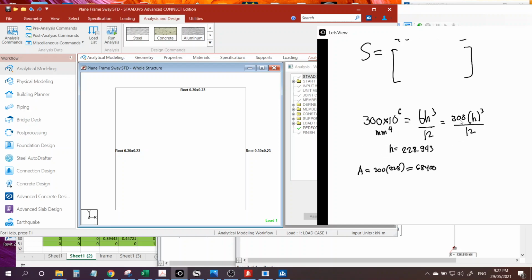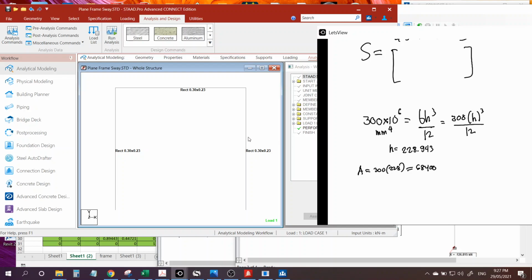So I assume a 300 width beam. So BH cube over 12, I got 228.943 as depth. And multiplying the depth and the width, I got 68,400.